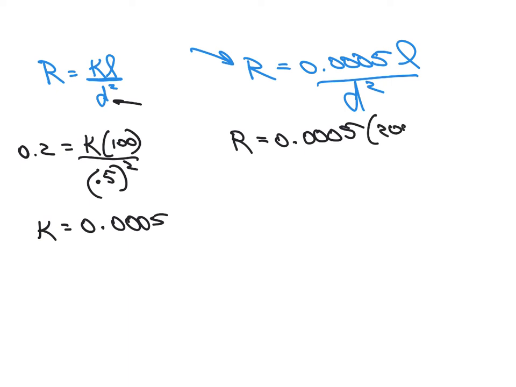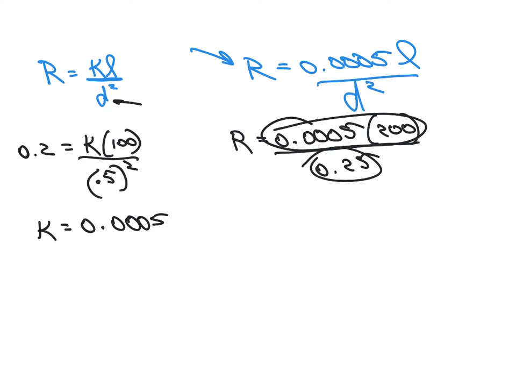So the length is 200, and the diameter is 0.25. That being the case, we multiply these two, take that answer and divide it by 0.25, and our resistance is going to be 1.6 ohms. Again, it doesn't matter what ohms are. All that matters is that you find out what the R is.